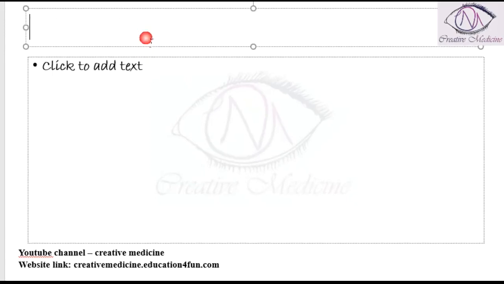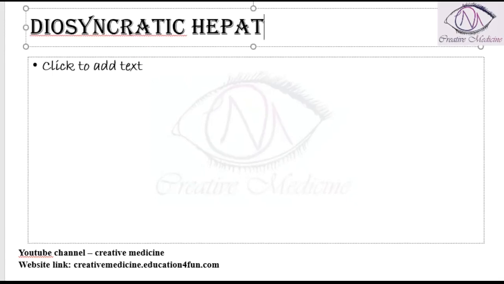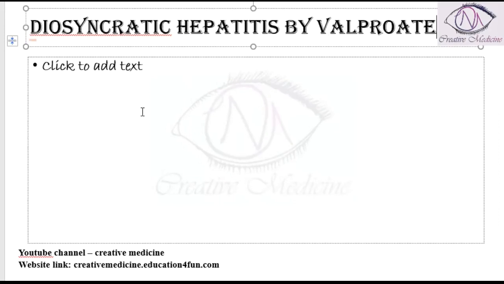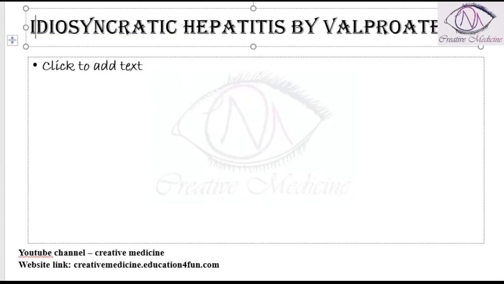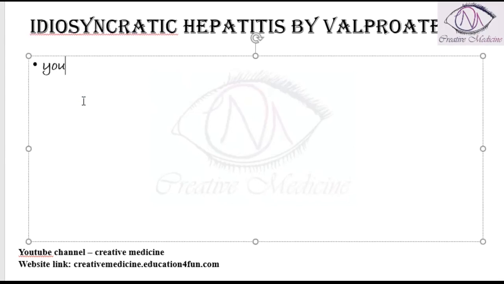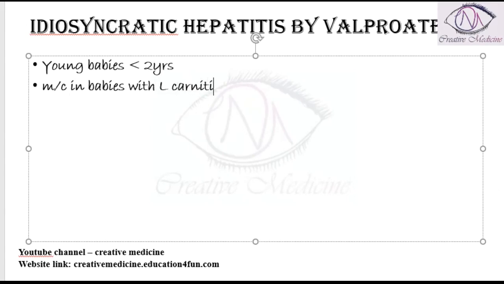Now, development of idiosyncratic hepatitis is seen with valproate. What is idiosyncratic hepatitis seen in valproate? It is mainly seen in young babies less than 2 years of age. It is more common in babies with L-carnitine deficiency.